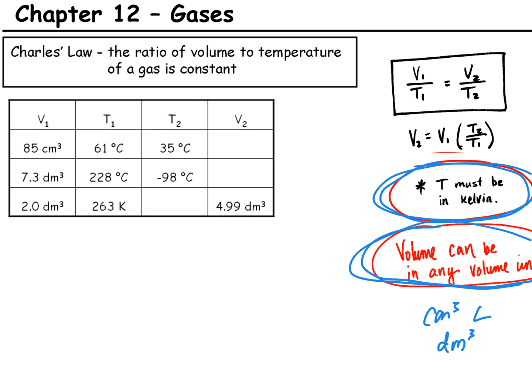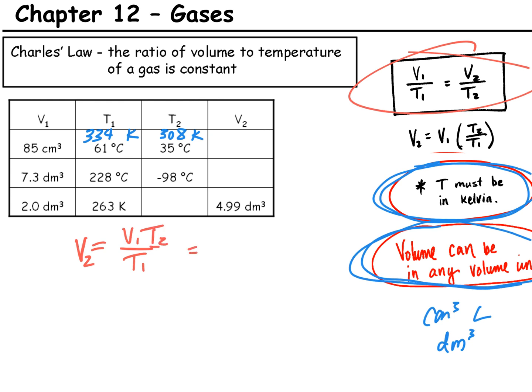So 61 degrees Celsius plus 273 gives us 334 Kelvin. 35 plus 273 gives us 308 Kelvin. Now we are set. To solve Charles' law for V2, we would write V2 equals V1 divided by T1 times T2.